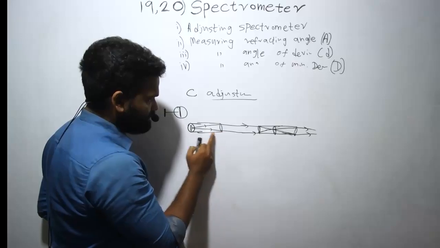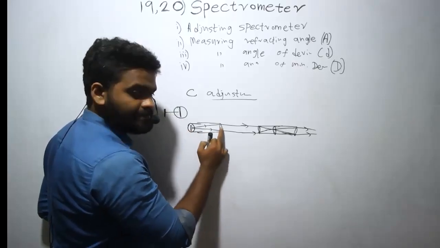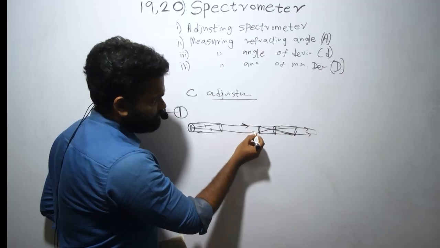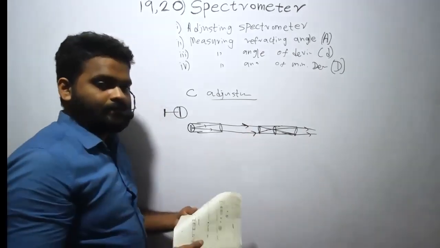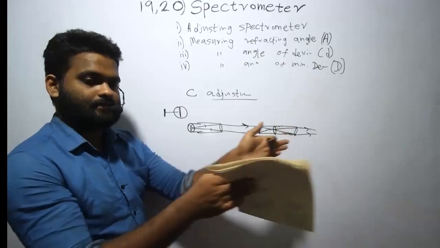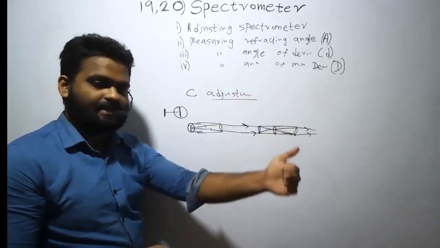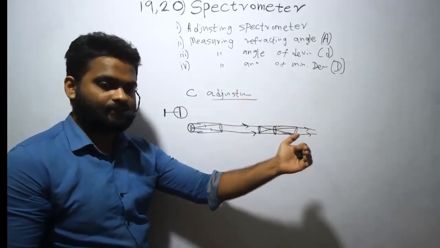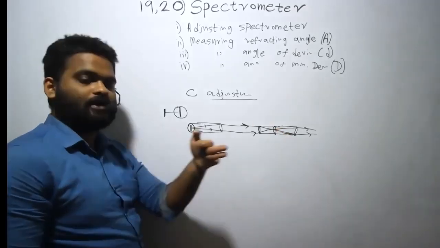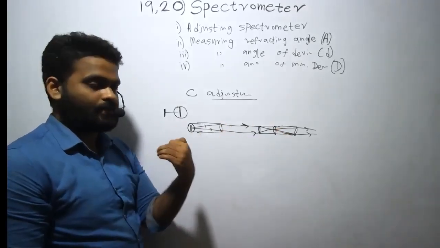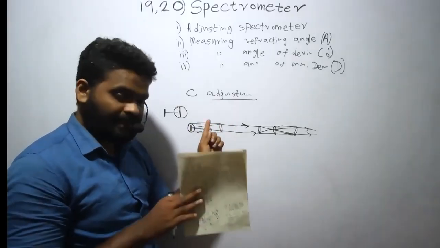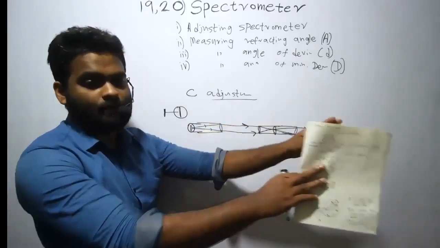If diverging light rays come like this, and you have a converging lens here, given that the light rays go through the focus of this lens, after refraction from the lens those light rays would be parallel.